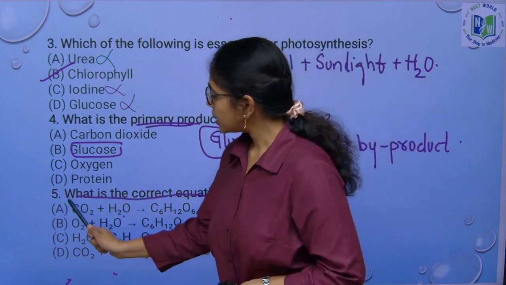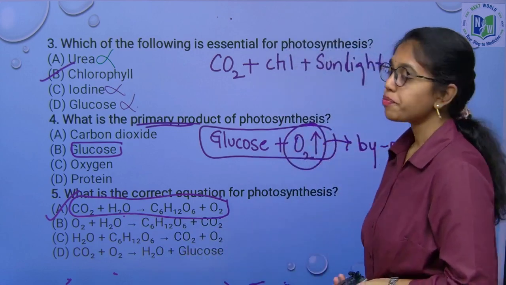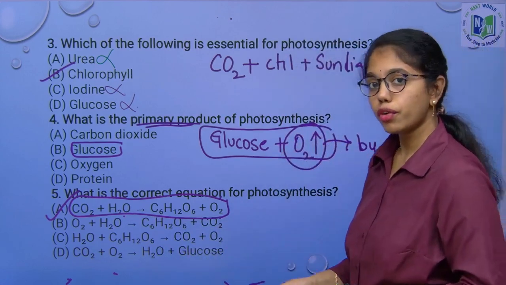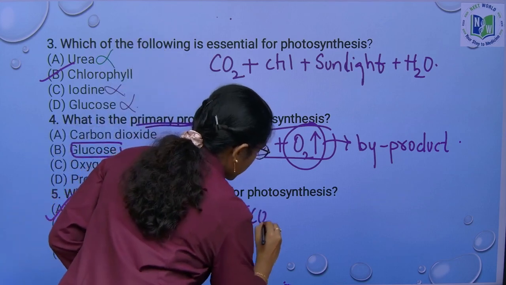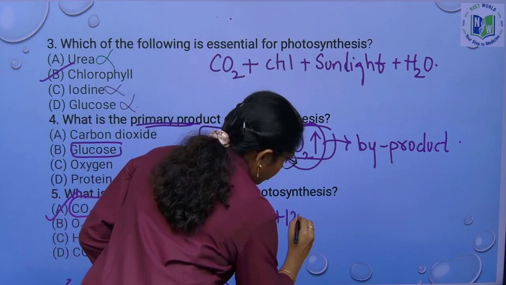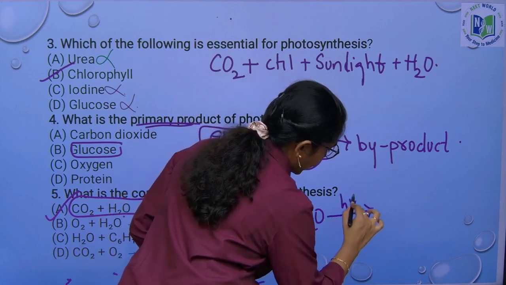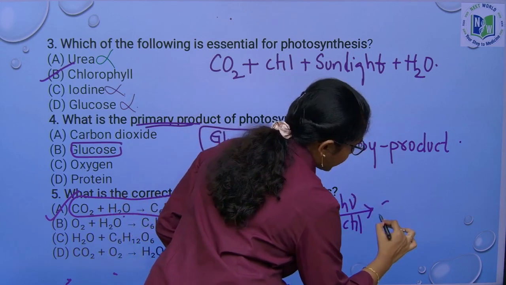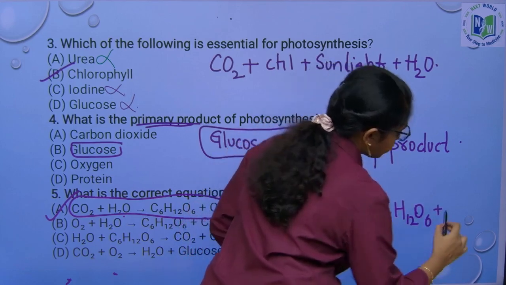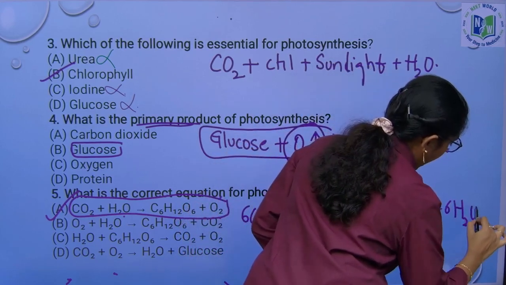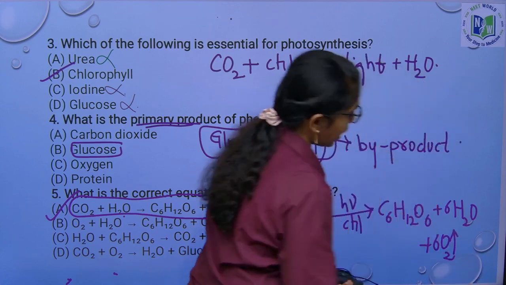This is the standard equation for photosynthesis, that is option A. The standard equation with proper chemical balancing is 6CO2 plus 12H2O, in the presence of sunlight and chlorophyll, gives rise to C6H12O6 plus 6H2O, and oxygen is evolved as a byproduct.